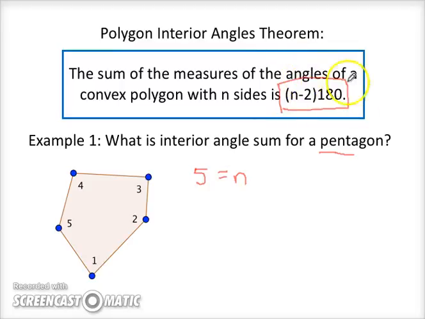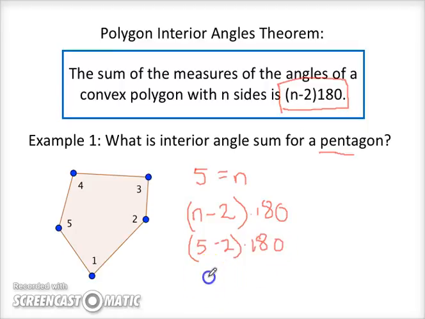Now we can plug that into this expression here. So we have n minus 2 times 180, which gives us 5 minus 2 times 180. So 3 times 180 gives us 540 degrees.